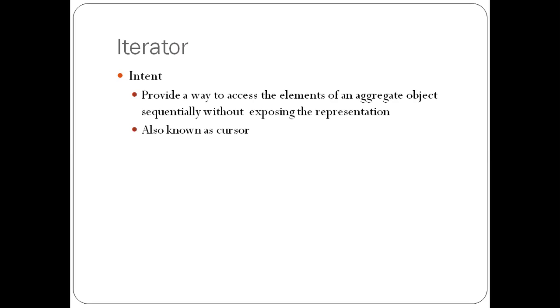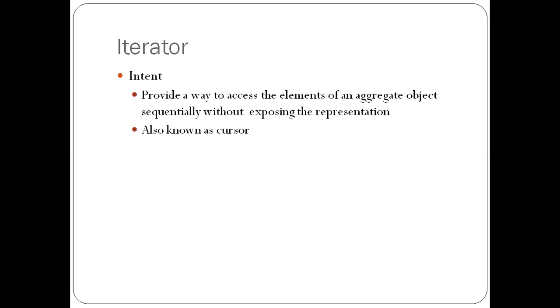An aggregate object is the object which contains a set of elements which are connected together, and these aggregate objects can be any aggregate objects like a list, or it may be a set of nodes which we call a graph, or a tree also. These are the examples of aggregate objects.